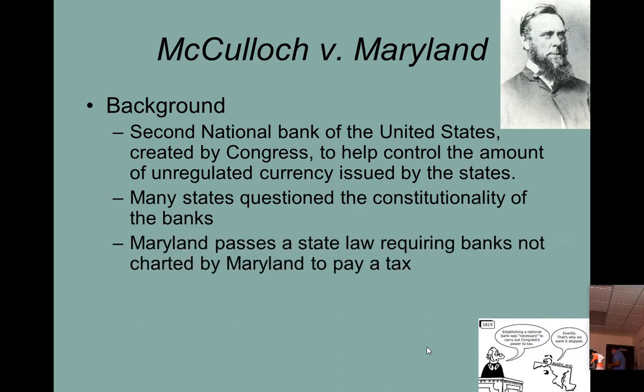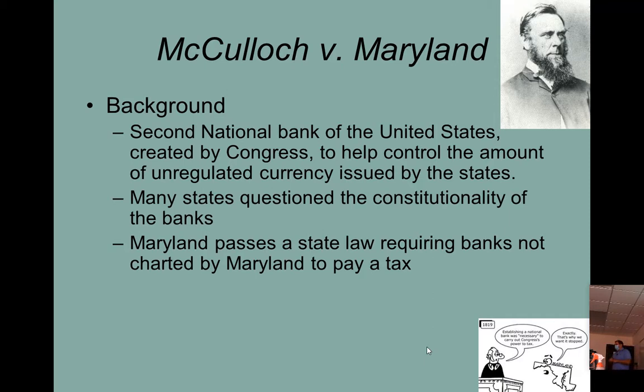So Maryland passes a state law basically requiring any bank not chartered by the state of Maryland, which guess what? Just happens to be this U.S. National Bank. It's the only bank in Maryland not chartered by the state. So it's targeting that bank, like the taxes on that bank, the National Bank.